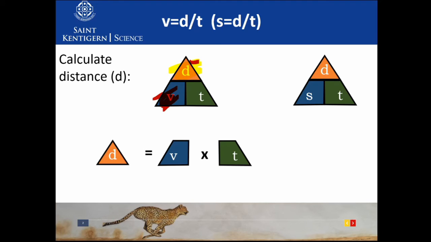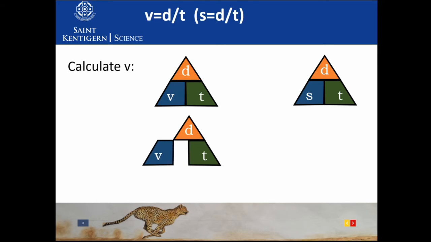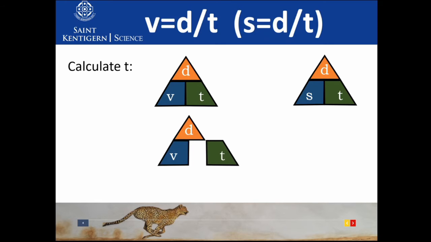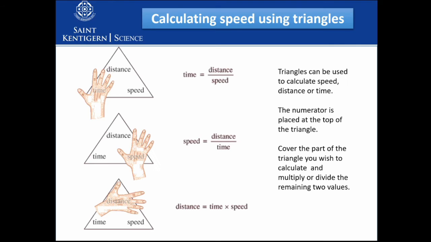Then it's going to be d over t. So you can see velocity equals d over t, and time equals d over v. You cover time if you're looking for time, speed if you're looking for speed, distance if you're looking for distance. And that becomes a multiply, that becomes a divide, and that becomes a divide.